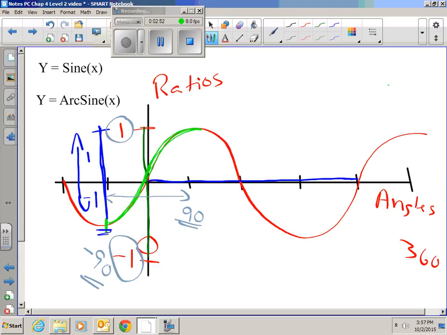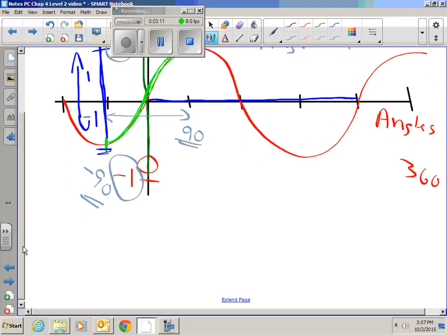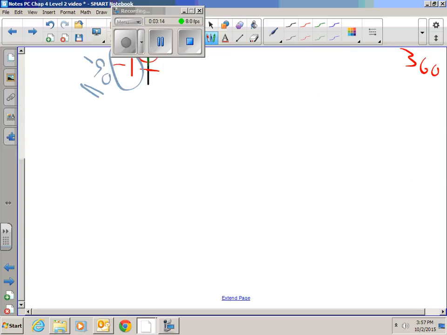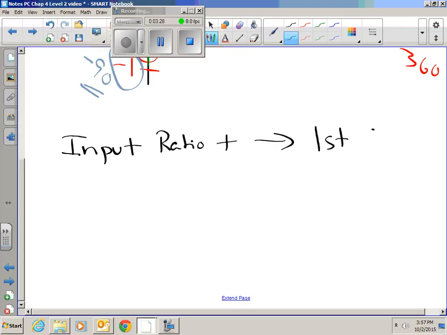But now the input is the ratio. So the ratios go in, from -1 to 1, and my output is the angle, going from -90 to 90. Let's make a little chart here. If the input, my ratio, is positive, the output, the arcsine, is going to come from the first quadrant, and that's 0 to 90.